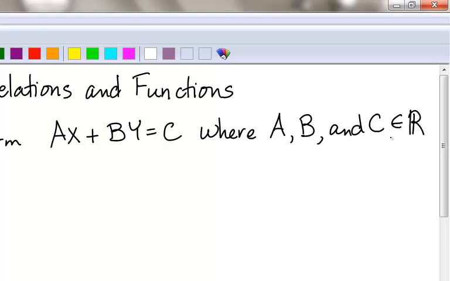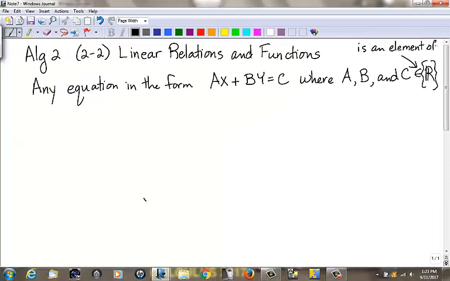Use a double bar R for real numbers. The Greek letter epsilon means is an element of the set of real numbers.